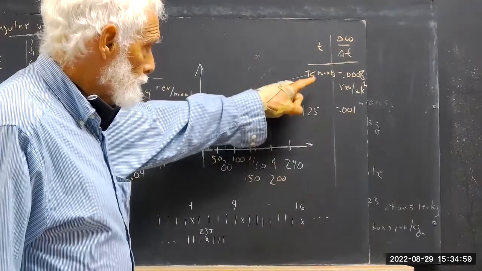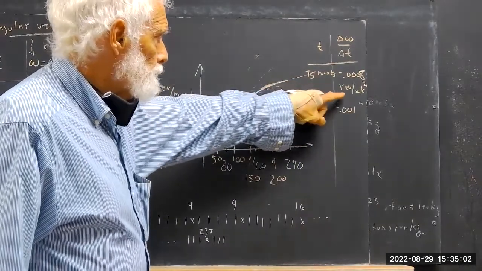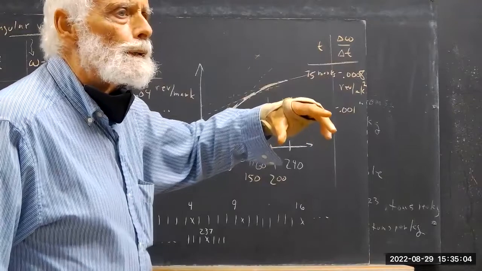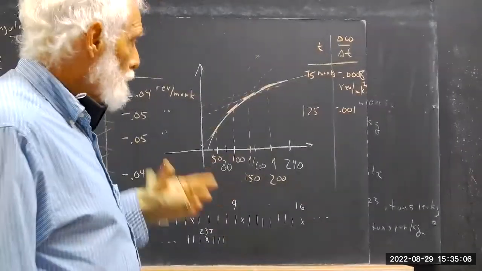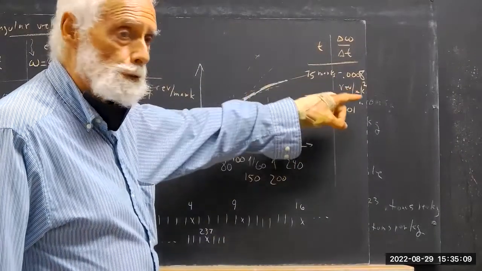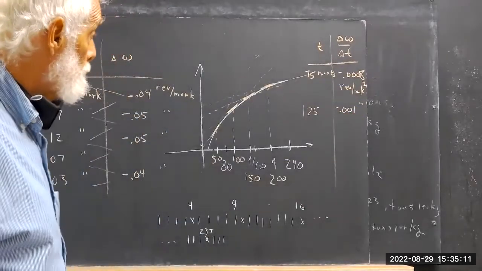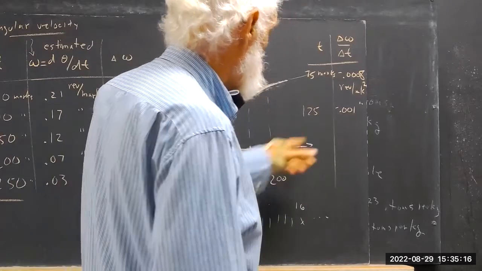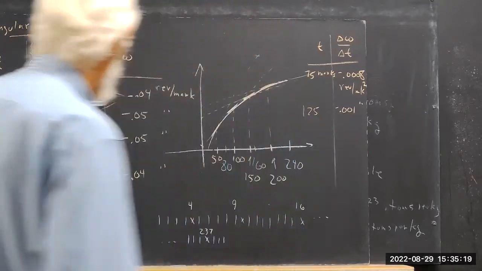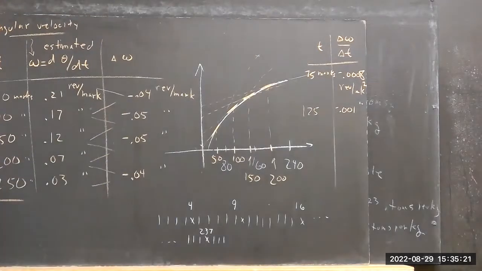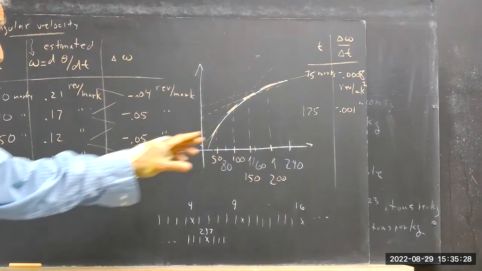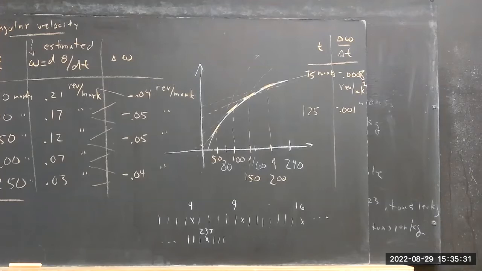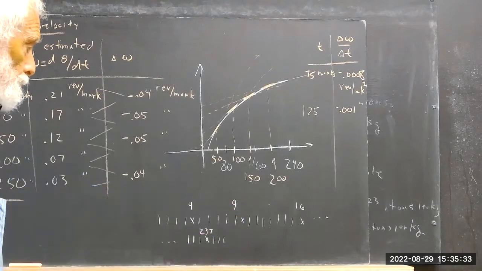So we conjecture that at 75 marks, omega is changing at a rate of about negative 0.0008 revolutions per mark squared. And at 125 marks, negative 0.001 revolutions per mark squared, because it's negative 0.05. Okay. And we could calculate these. I'm going to ask you to do that probably on the next assignment.